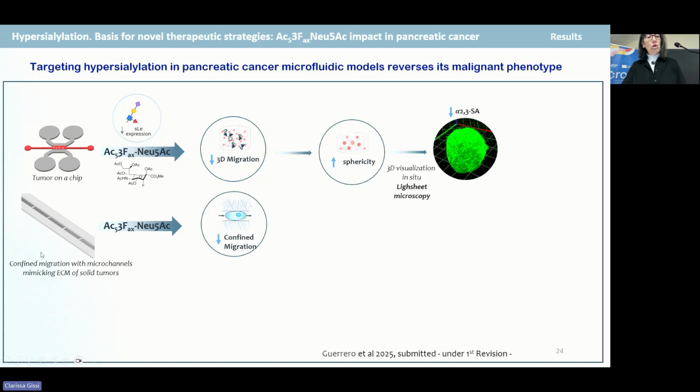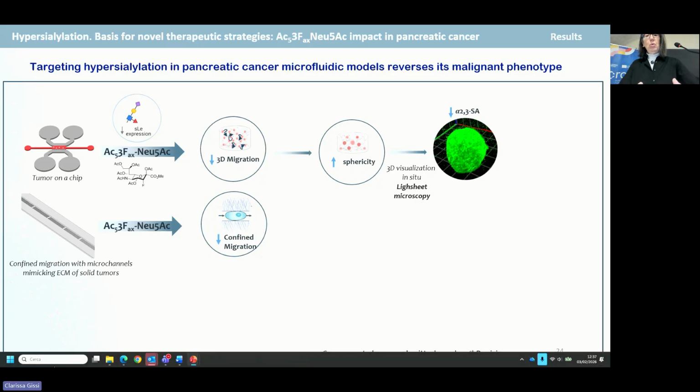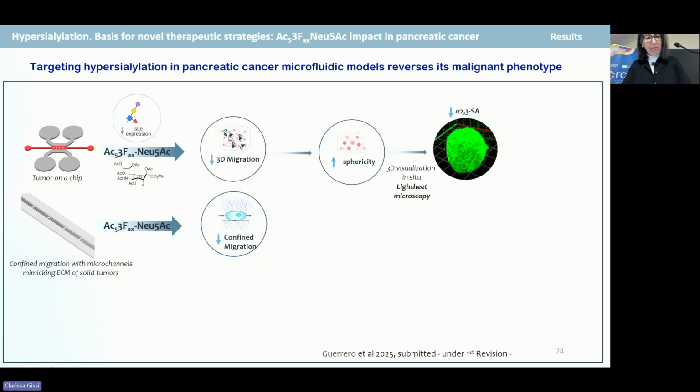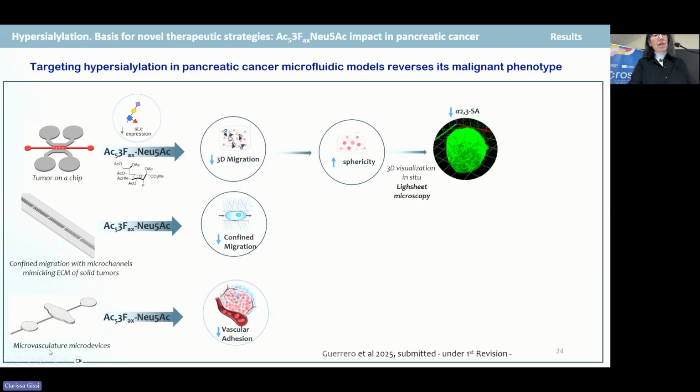Also, they performed some confining migration within the microchannels, so the cells have to grow through pathways where they have to do an apoptotic migration. There was a decrease in confining migration, and they also created a microvasculature micro device where they put endothelial cells, and they showed a reduced vascular adhesion of the tumor cells to the endothelial cells.